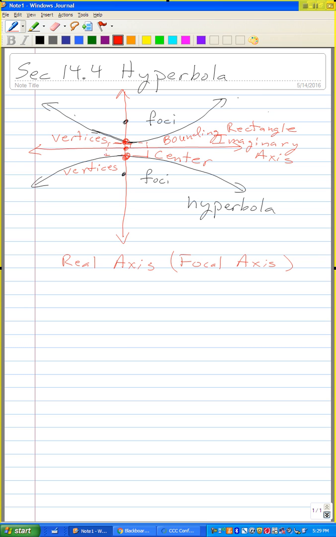If I take the diagonals of the bounding rectangle, then these are the asymptotes.